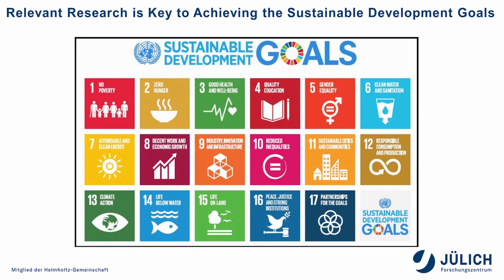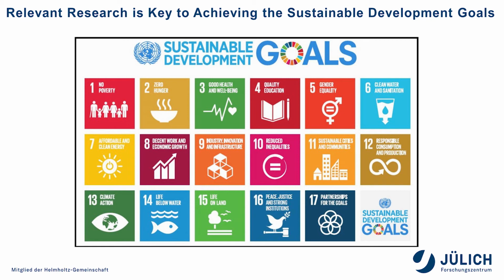So relevant research, and relevant Earth system science research in particular, is key to achieving the Sustainable Development Goals. They're listed here. And not all of these goals, of course, are related to the environment, but several of these Sustainable Development Goals do have a pretty specific link to the environment and air pollution and weather in particular.